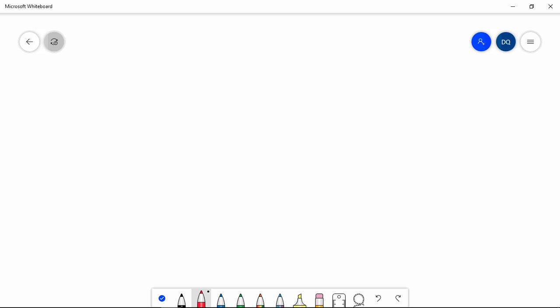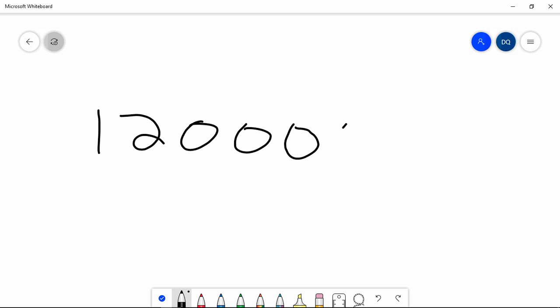Okay, so now consider this number here. That's 120,000. To write this in scientific notation, the first thing you do is write the significant digits. It's a 1 and a 2. And then you'll put a decimal after the first significant digit. So that's 1.2. Then go times 10.